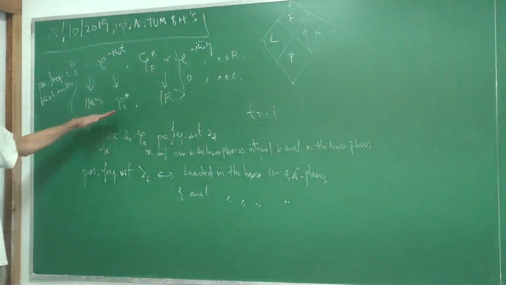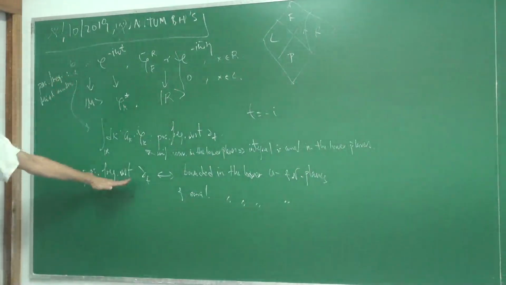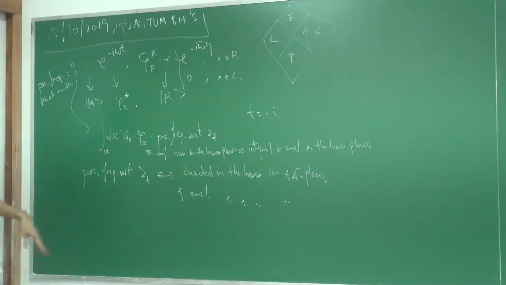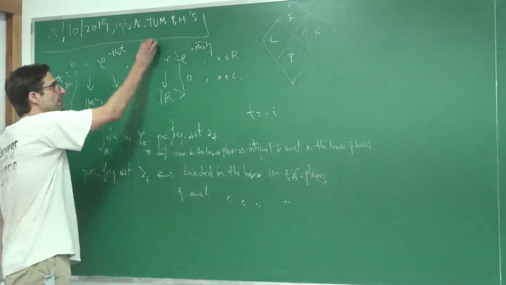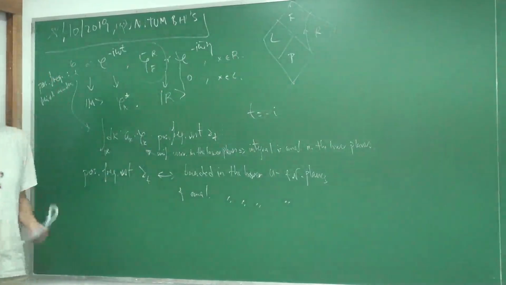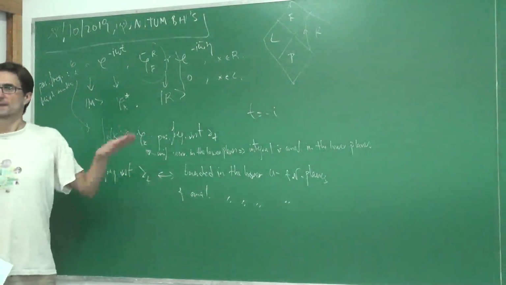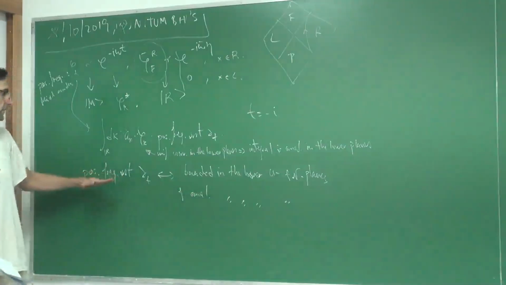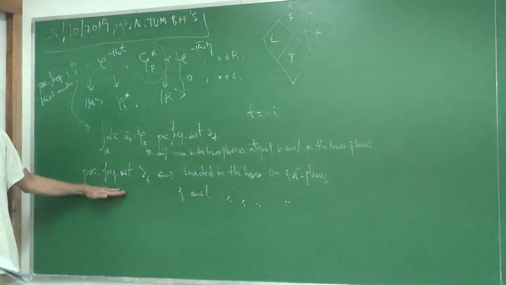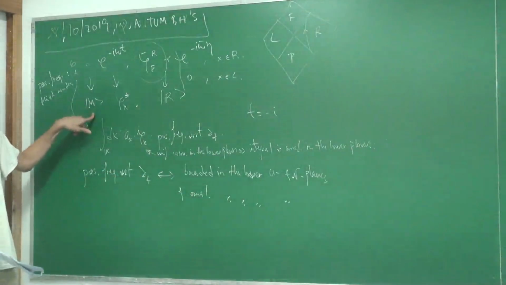So by this definition, what you want to do is take a linear combination of these and their complex conjugates such that they satisfy these properties. If they satisfy these properties, those modes are positive frequency modes, and so they define the Minkowski vacuum state.